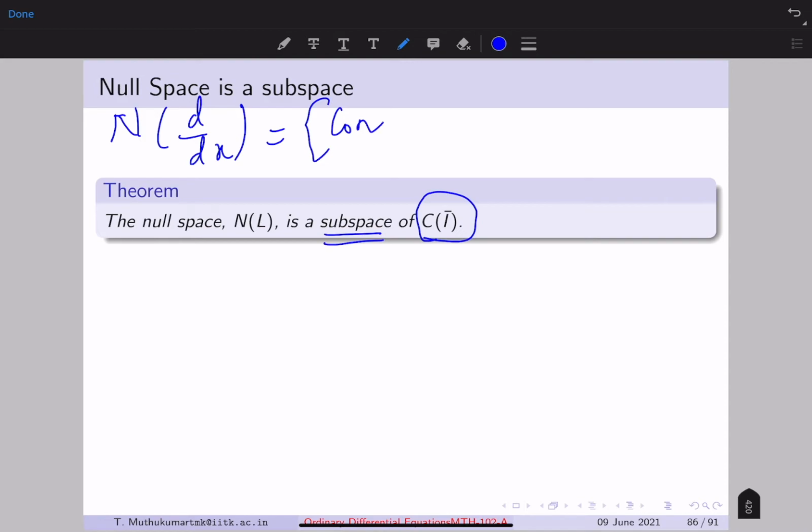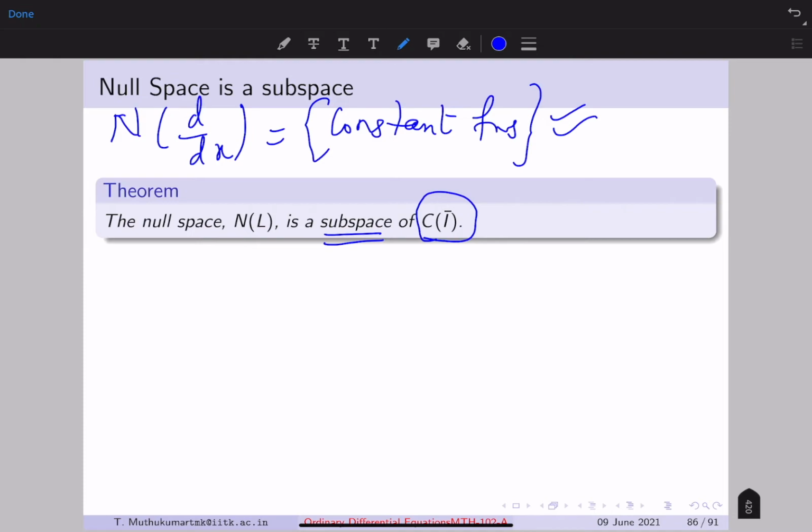And how many constant functions are there? As many constant functions as real numbers. So this set is as big as the set of all real numbers.